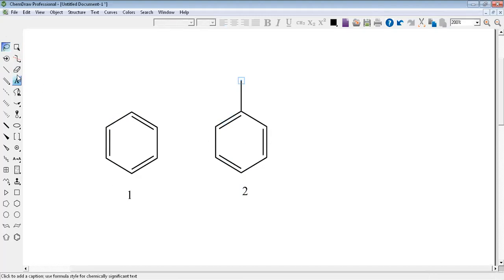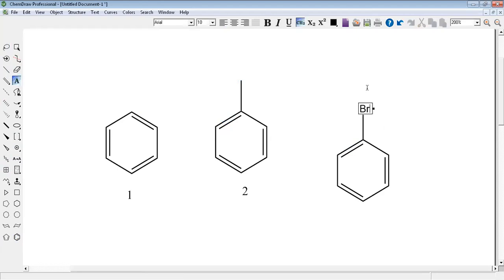Now I will give you another example. Take this, for example, Br. If we compare the Br compound with benzene, number 1 and number 3, which one has higher electron density, number 1 or number 3? Number 1, because bromine has high electronegativity, meaning it is electron withdrawing.